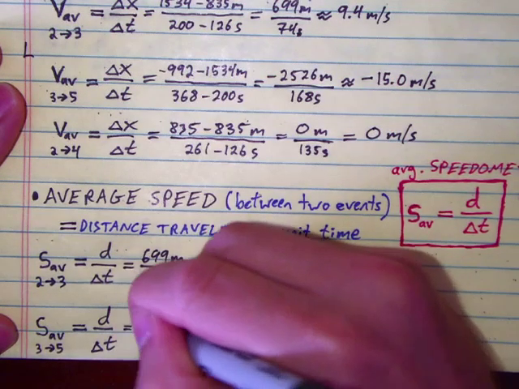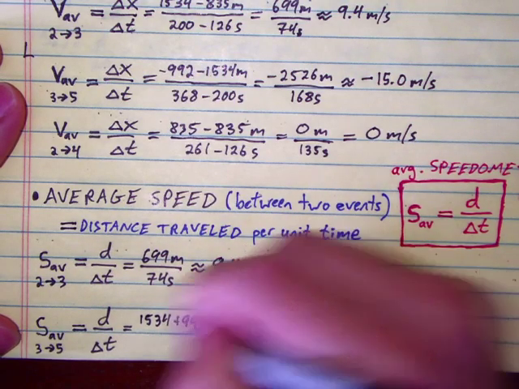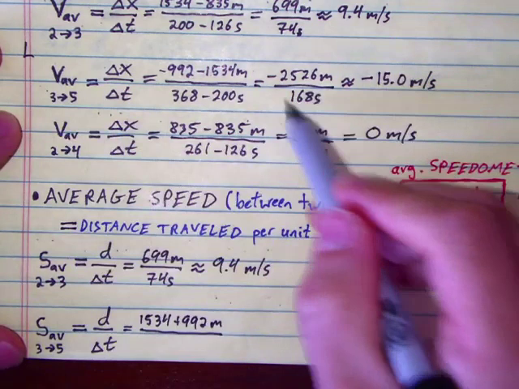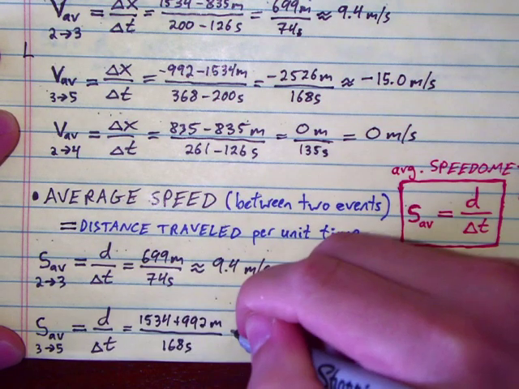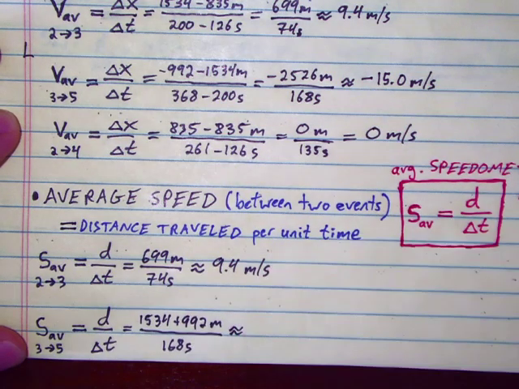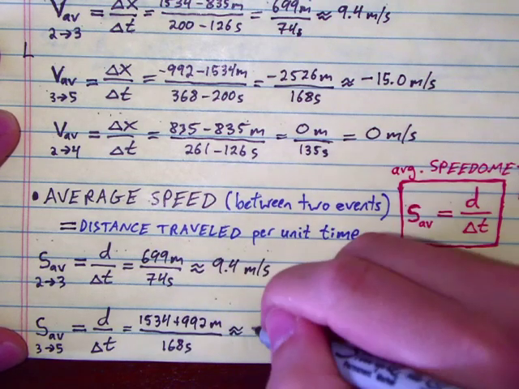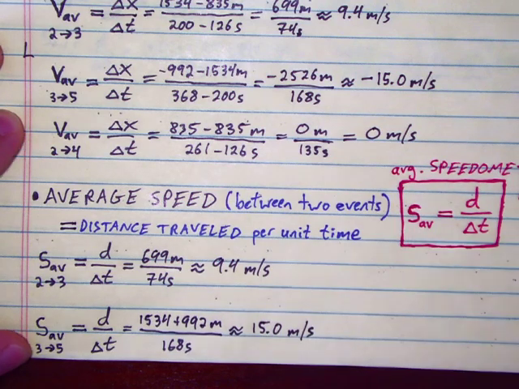So we moved a total of 1534 plus 992 meters, and we know that from 3 to 5 took 168 seconds. 1534 over 168 plus 992 over 168 comes out to about 15.0 meters per second when we round.